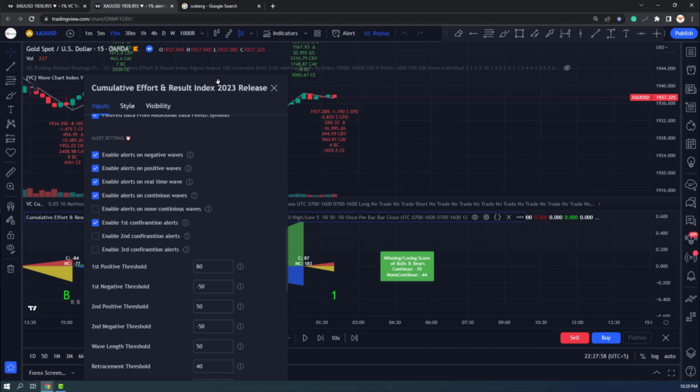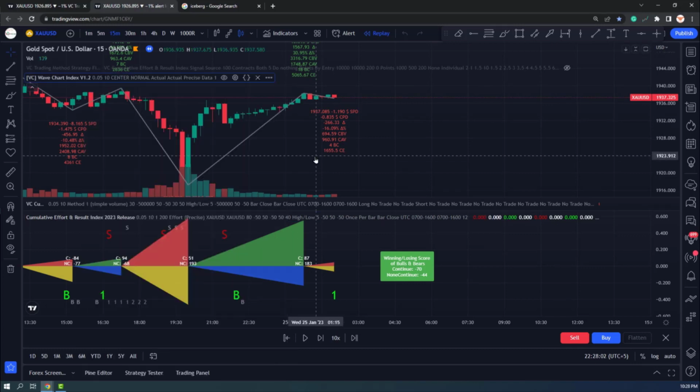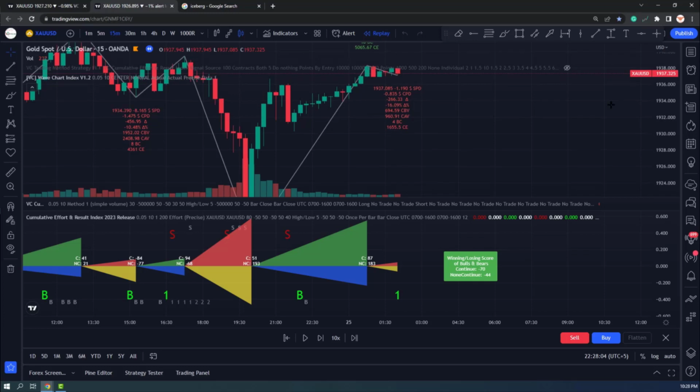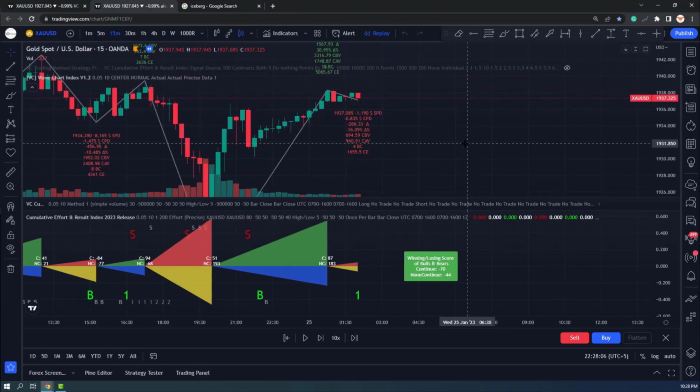In the retracement, when the opposite wave is forming, you can also double verify it based on the new comparison from this live scoreboard. You see here, the wave is negative and the result is also negative.